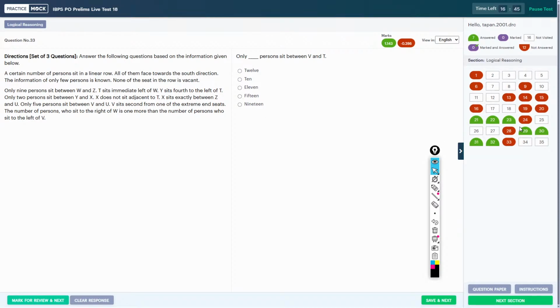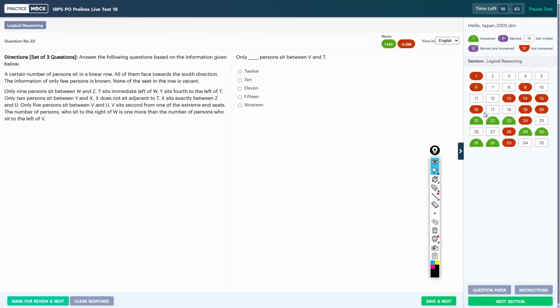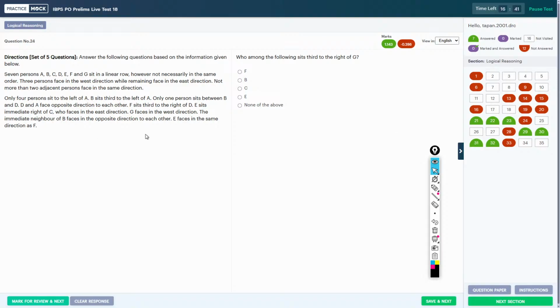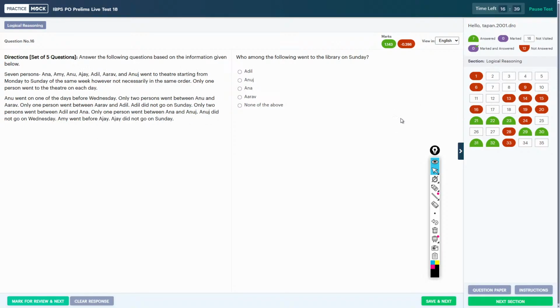Certain number of people, 7% theater from Monday to Sunday. Each person went to the theater on each day. It's Monday, Tuesday, Wednesday, Thursday, Friday, Saturday, Sunday.